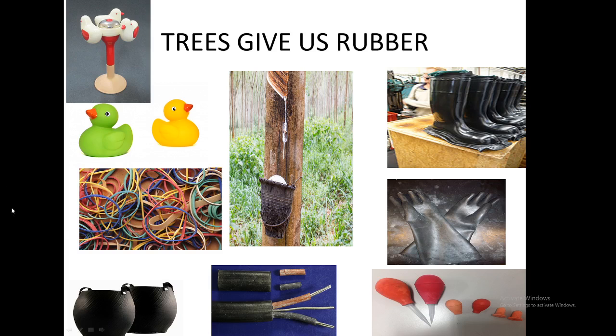During the rainy season they protect us from the rain, they are waterproof. And here you can see the gum boots, all made from rubber. Not only these things, some more other things also we can make from the rubber trees. So all these we are getting from the rubber trees. I hope you all understood this one, right?